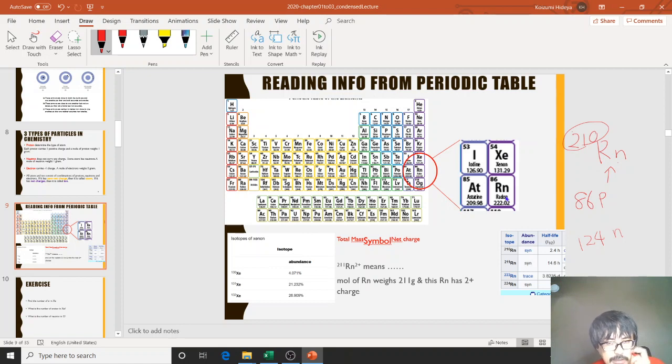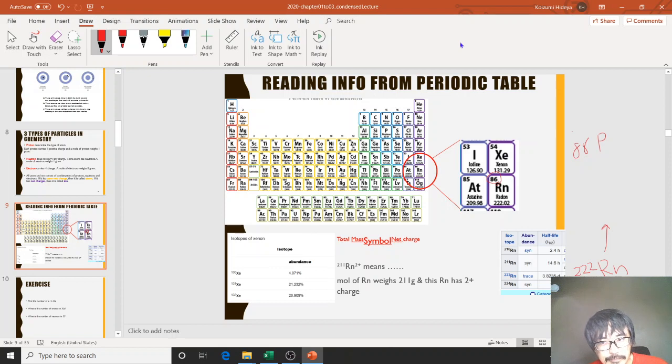Let's do these things with a little bit more interesting one, the 222 radon. Once again, we are dealing with radon. According to the periodic table, we should have 86 protons, and the mass of the electron we don't care about.